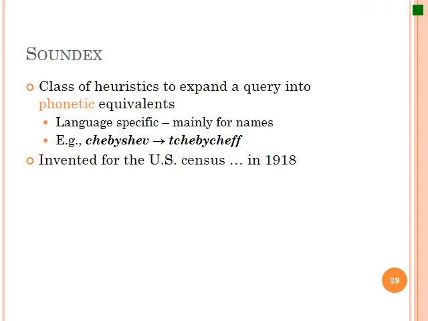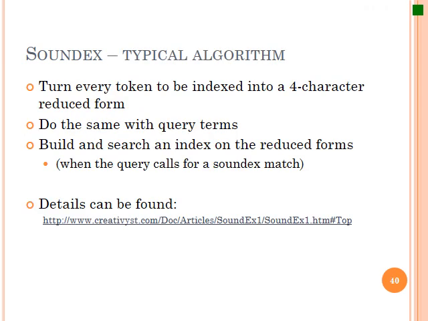For example, if you have the word Chebyshev, you want to be able to return documents that contain Chebyshev with a different spelling but similar sound. This is actually a very old technique, Soundex, invented for the U.S. Census, primarily for persons' names, because very often people have aliases or different spellings for the same name.